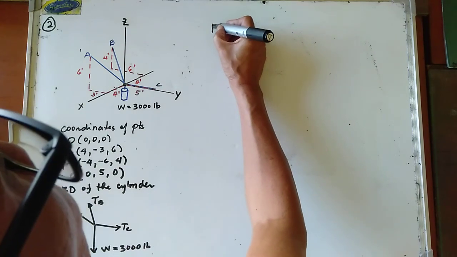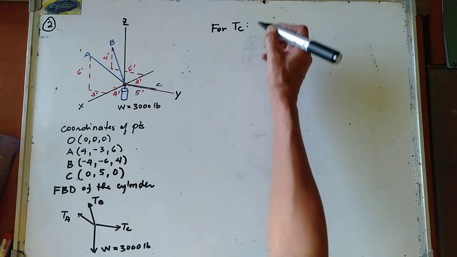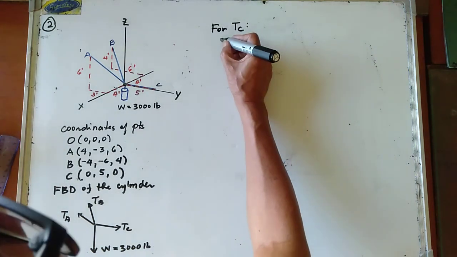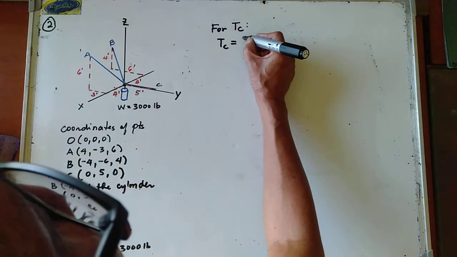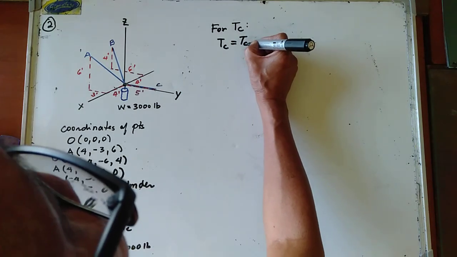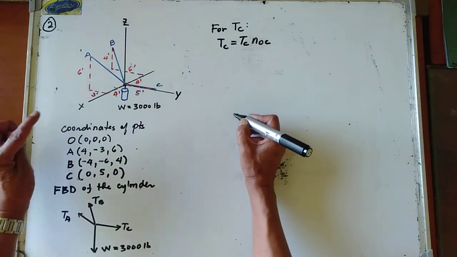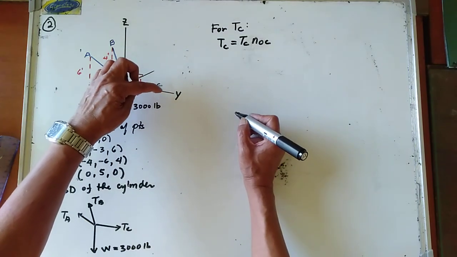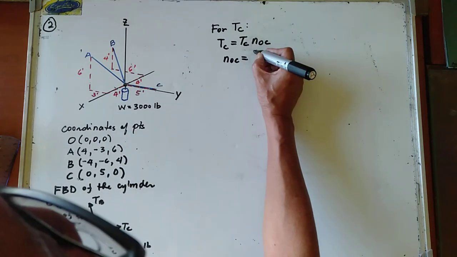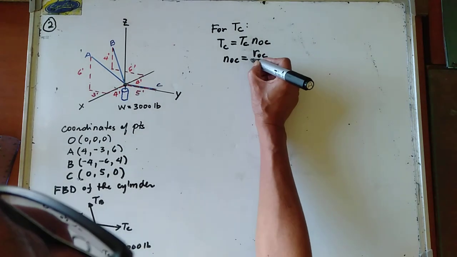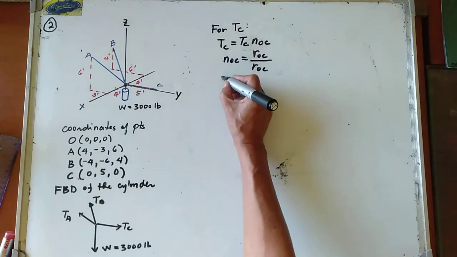Now for the tension in cable C. The tension in cable C in Cartesian vector form is the magnitude of that tension, multiplied by a unit vector OC. Your unit vector OC is the position vector OC all over the magnitude of this position vector.